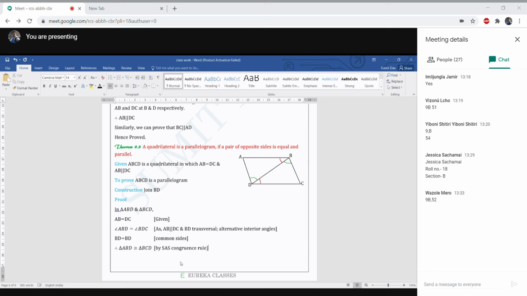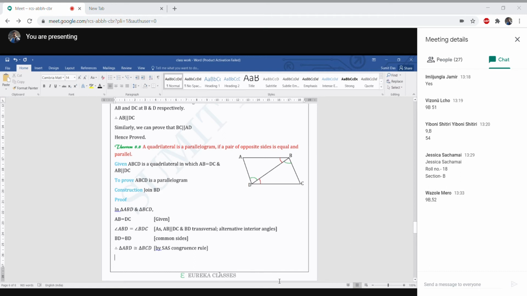Okay, so if they are congruent, then you can see the green color angles ADB and DBC. These two green color angles are also equal.